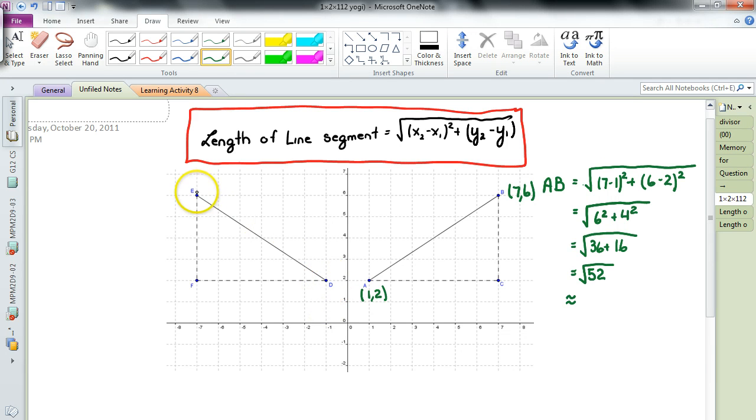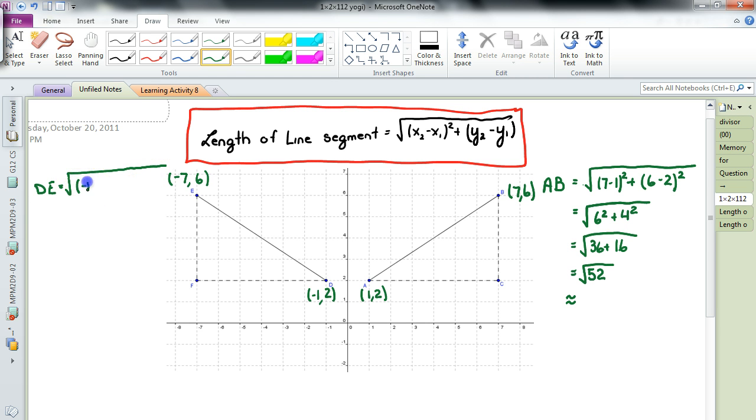So let's apply it over on this side now. So we're going to find now DE. So D is the point -1, 2. E is the point -7, 6. So remember what I said, that it's really useful if you always take the rightmost point first.